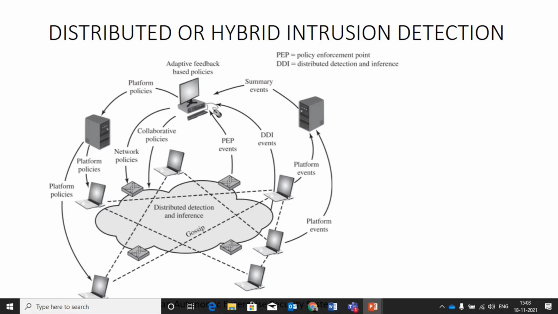Basically, this network has various kinds of systems. If you see, there are platform policies, collaboration policies, policy enforcement point written as PEP. DDI is distributed detection and inference. Okay, so they are all connected with the adaptive feedback-based policy.